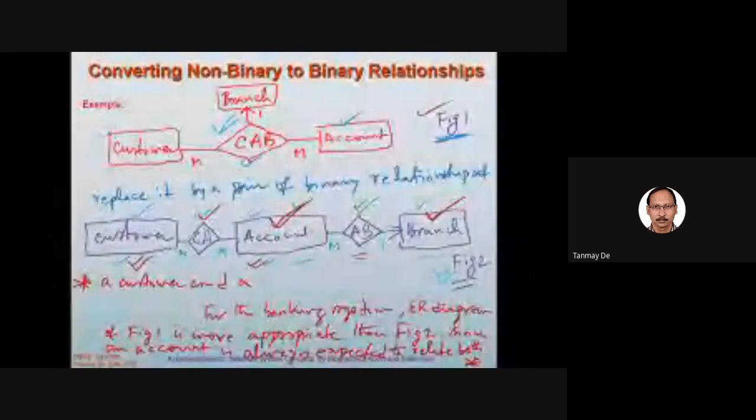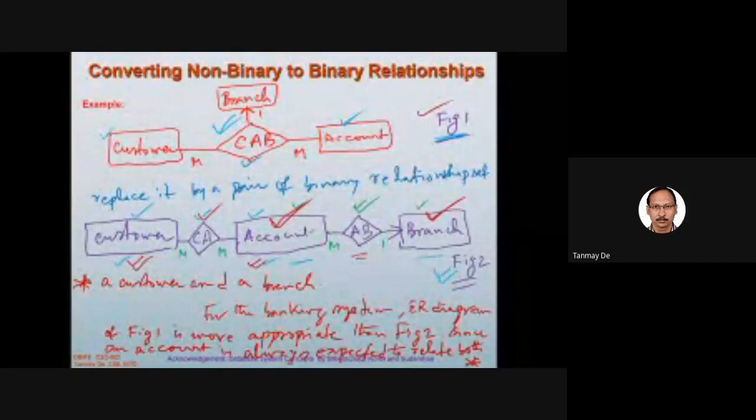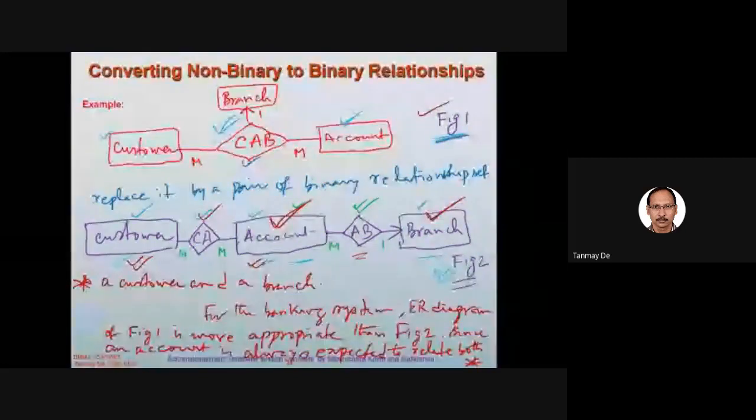Is it clear now? So figure 1 more clearly reflects all the facts, because figure 1 can reflect that any account is associated with a customer as well as the branch. But in figure 2, that may not be so in all cases.